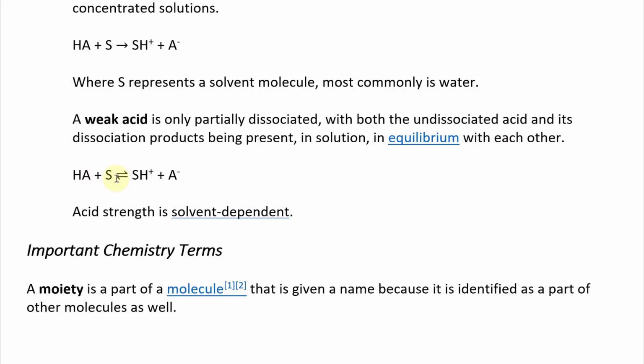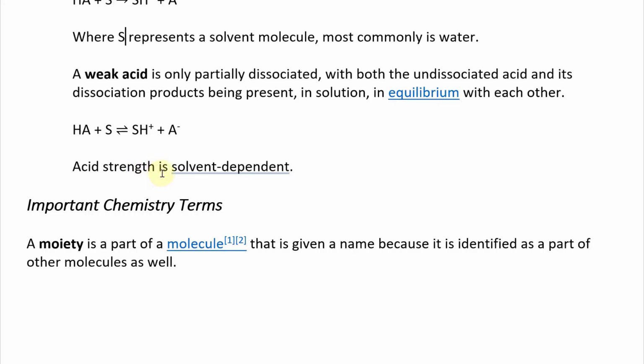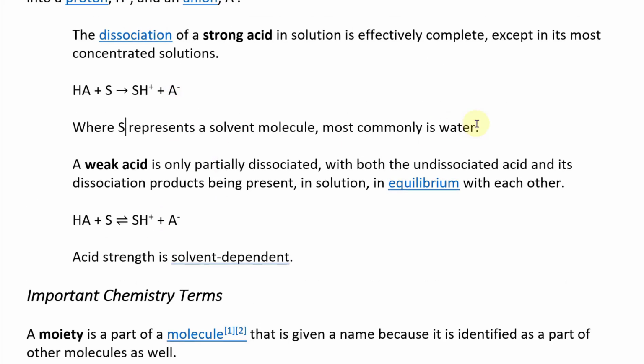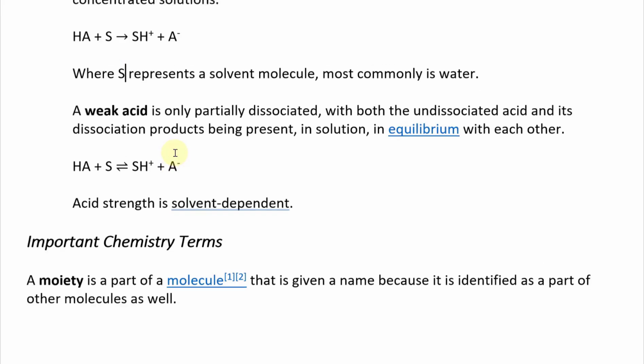So HA plus S, and then you have the double arrow right there, SH plus, so the HA gives up the H to the S, and then you have an anion, this A minus. So HA plus S is in equilibrium with SH plus plus A minus. And acid strength is solvent dependent, so it depends on if it's water or something else and how strong it is, and so on.